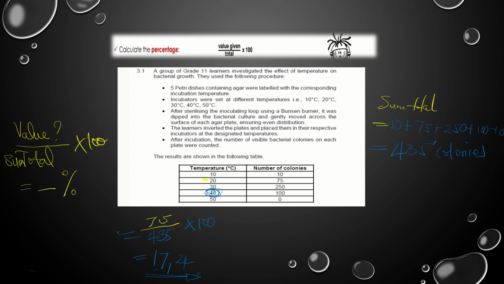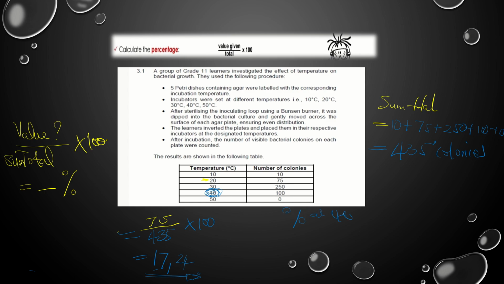We are testing the number of colonies. Everything that we calculate here is in relation to what we are observing, what we are investigating. Remember, we are not investigating temperature; we are just using the temperature to observe the number of colonies.